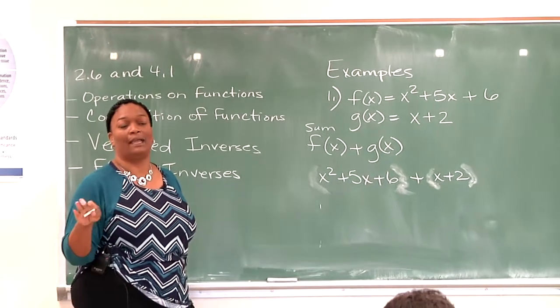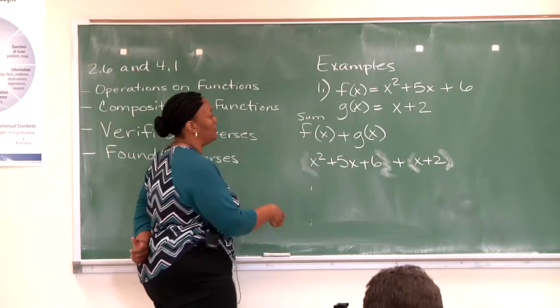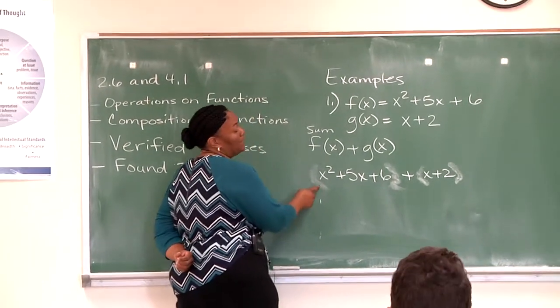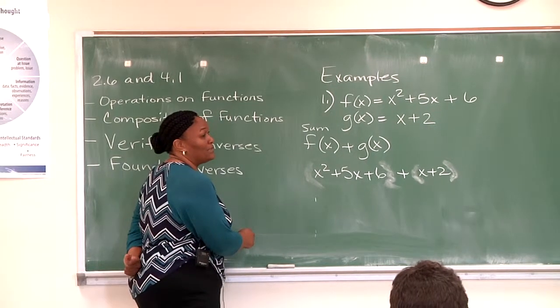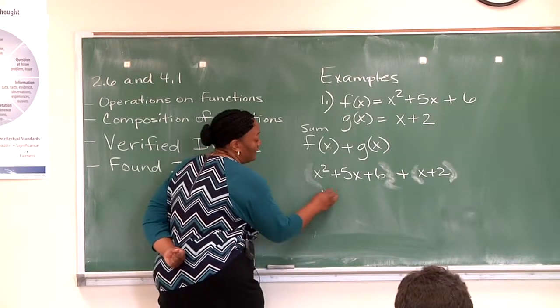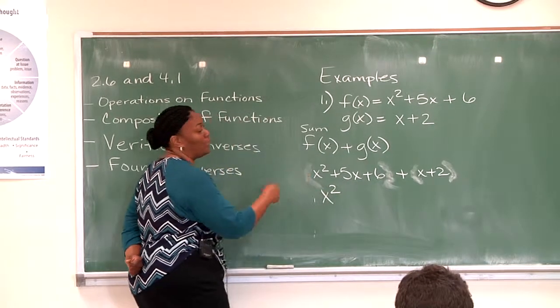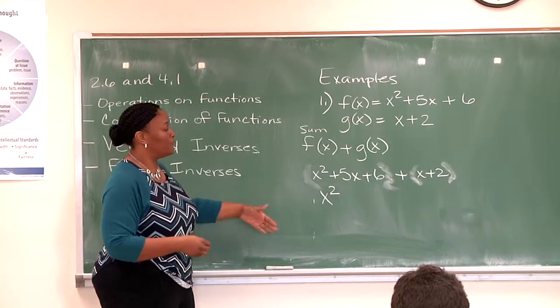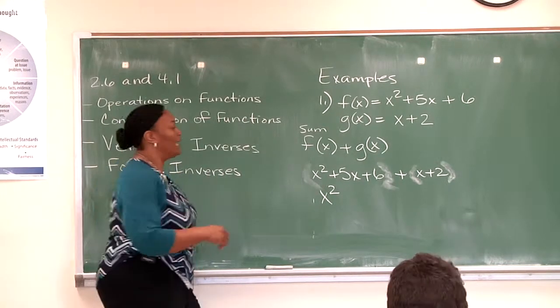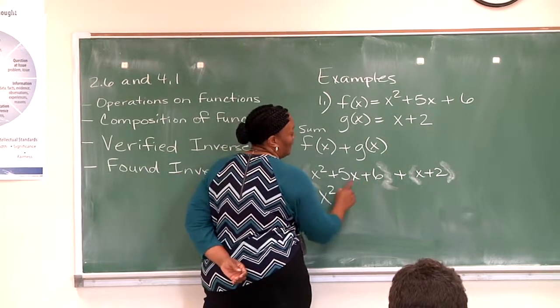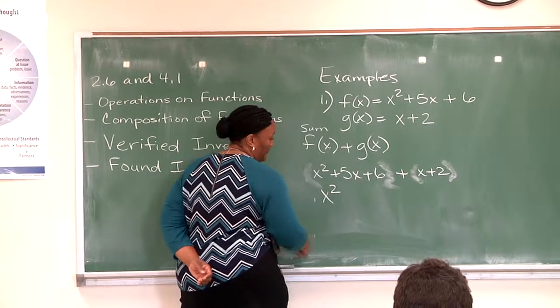If you're not asked to evaluate anything, you stop at that point. So right here, do I have anything to combine with x squared? X squared doesn't have anything to combine with it. There's not a like term in there that would go with it. So I'll just bring my x squared down. What about with 5x? I can combine x with that. So 5x plus 1x gives me what?